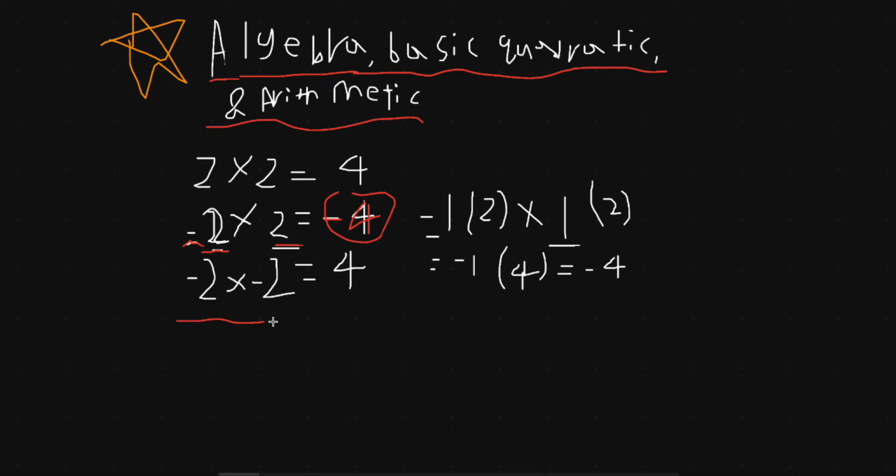Wait, I thought negative 2 times negative 2 was supposed to be negative 4. Wrong. It's not. Two negatives actually cancel each other out. Because think about it: negative 2 times negative 1.